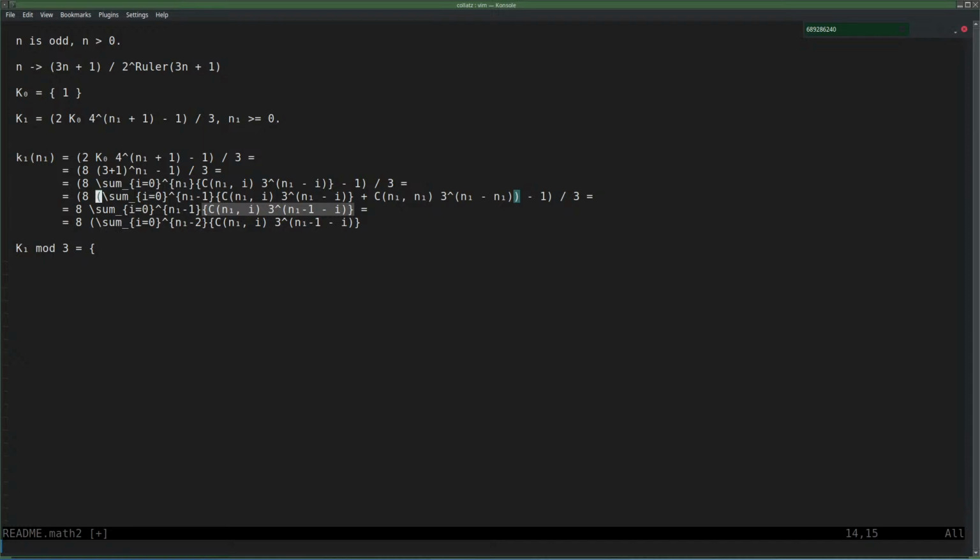Then we get, instead of 1 minus 1, we get 8 minus 1, which is 6, sorry, no. What? What I hate with this is that if you make a mistake, then suddenly nothing works anymore.